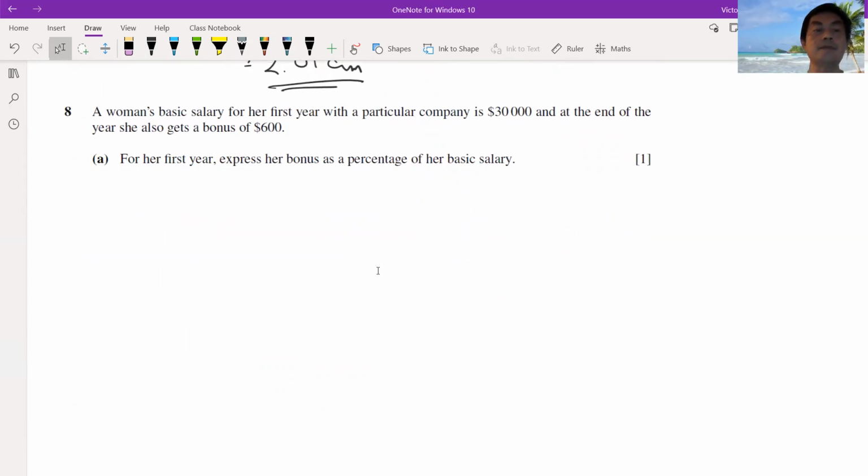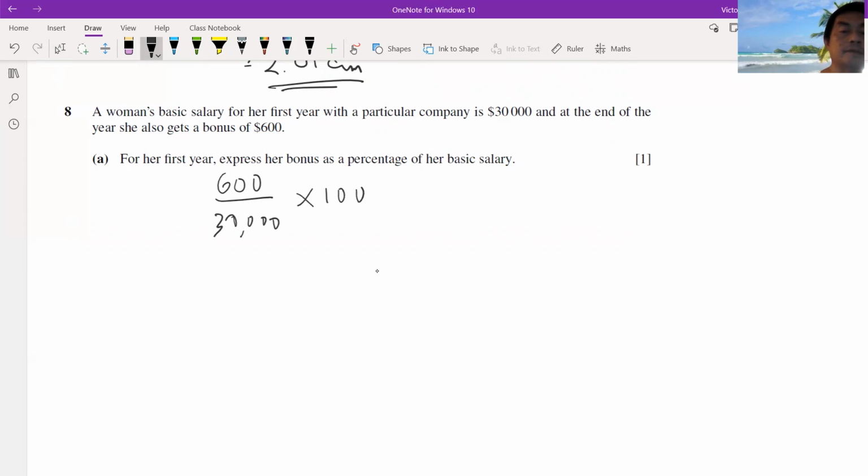At the end of the year, she also gets a bonus of 600. For her first year, express the bonus as a percentage of her basic salary. This is typically a question on percentage. So you have 2%.